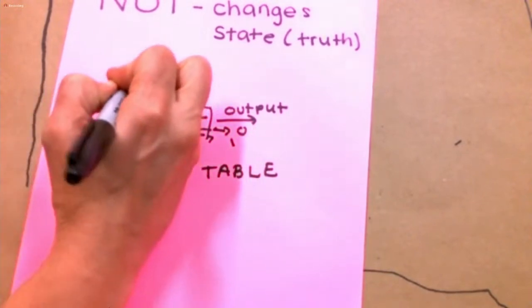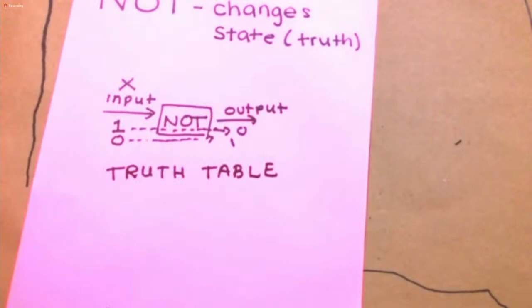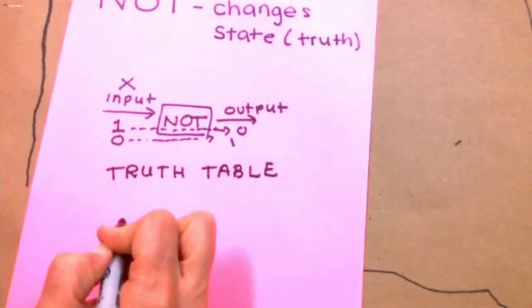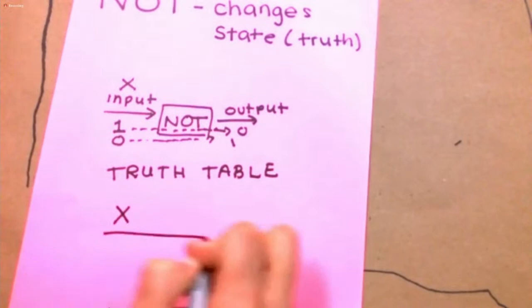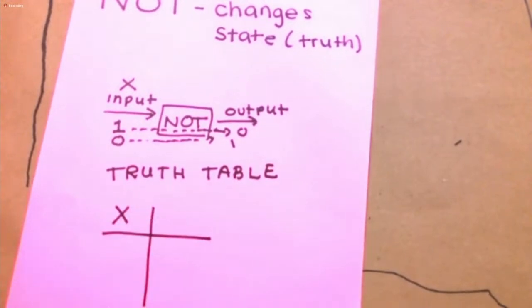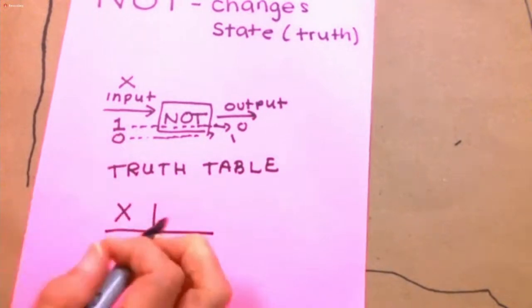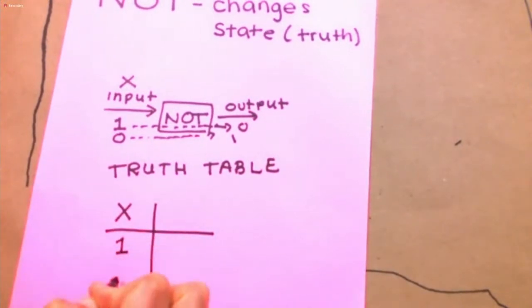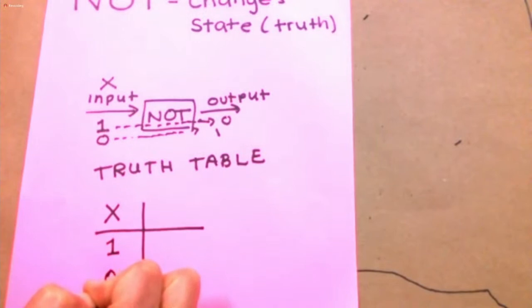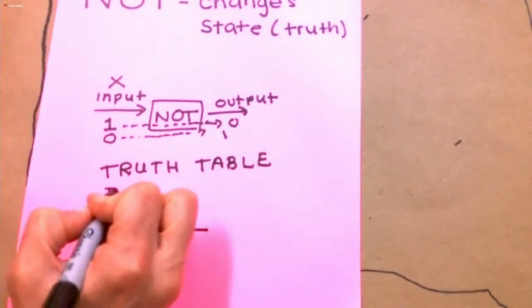First of all, the input is called X. So I'm going to make a table that has X as an input. So X is leftmost. And what I said is that the input can have one of two different states. So the only options for X are 1 and 0. And this is my input column.